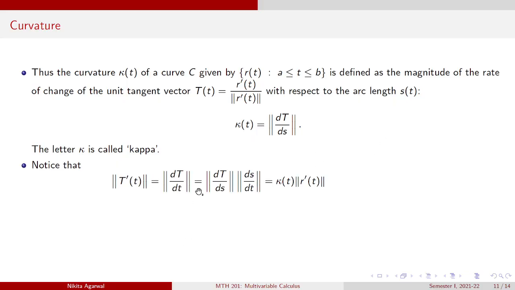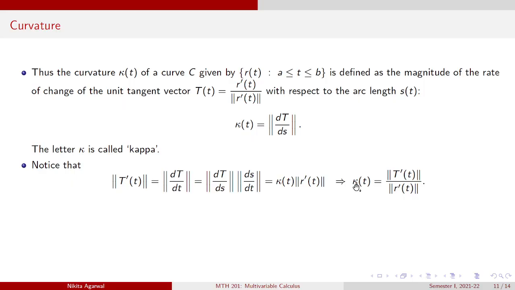Now notice that the norm of T prime(t), that's the norm of dT/dt, can be written as the norm of dT/ds times the norm of ds/dt. But the norm of dT/ds is kappa(t) by definition, and the norm of ds/dt is nothing but the norm of r prime(t) by definition of s.